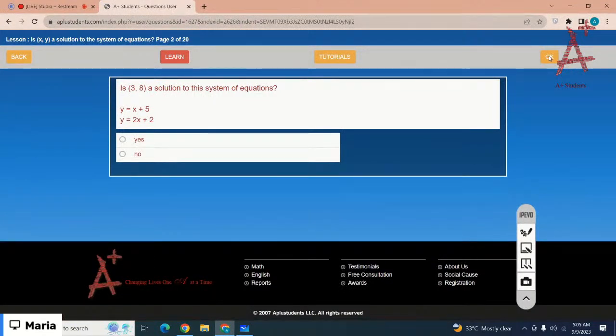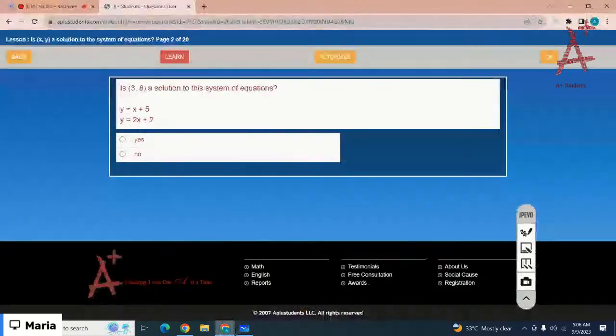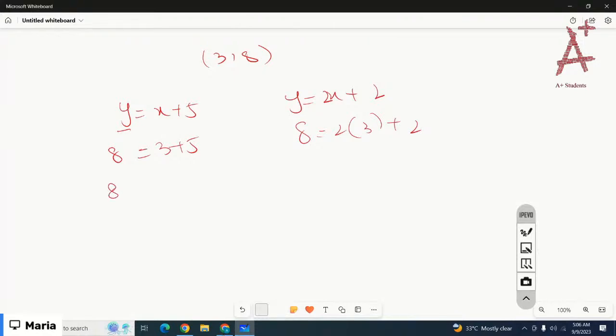The other one is: is (3, 8) a solution of the system of equations? The equations are y equals x plus 5 and y equals 2x plus 2. Here y is 8 and x is 3. That would be 8 equals 8.